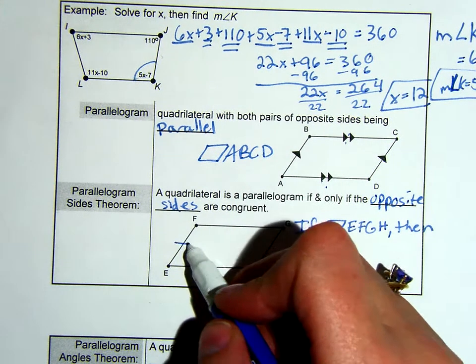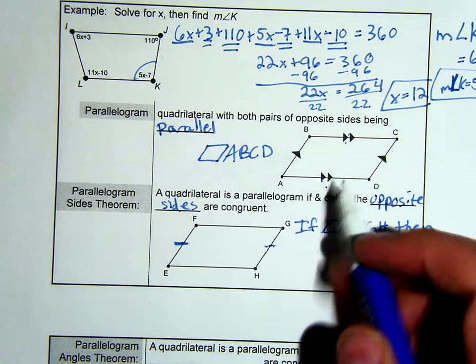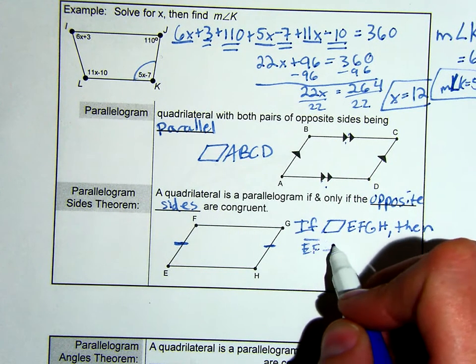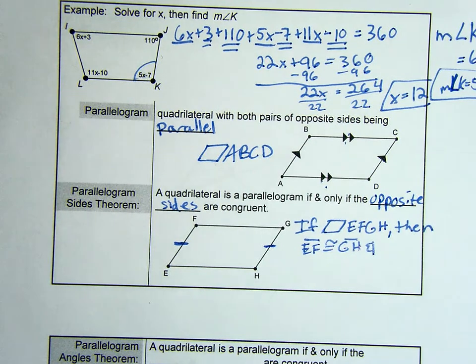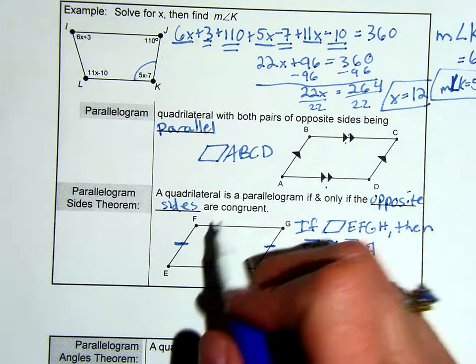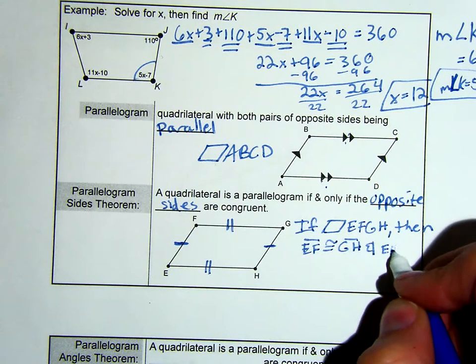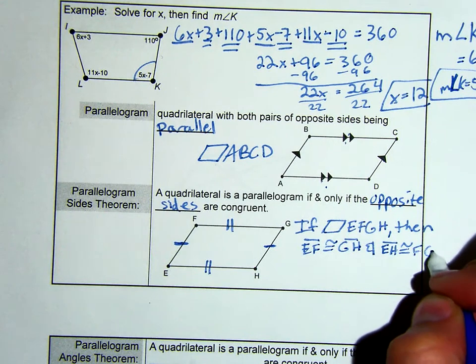If I start with side EF, the side opposite EF is GH, so EF and GH would have to be congruent. And the other set of sides that are opposite are EH and FG. So EH would have to also be congruent to FG.